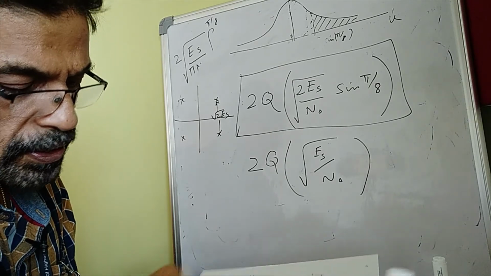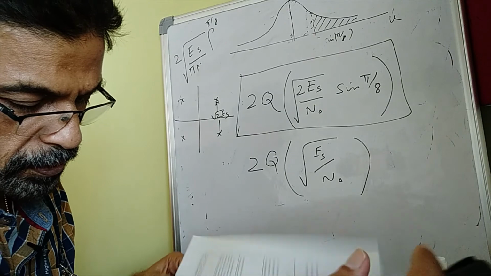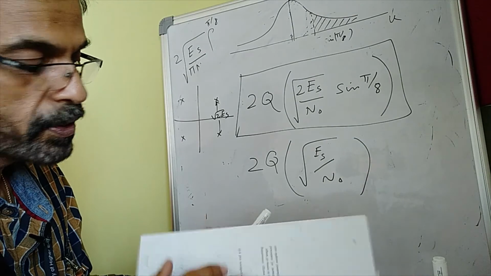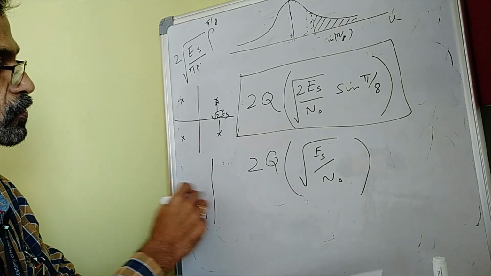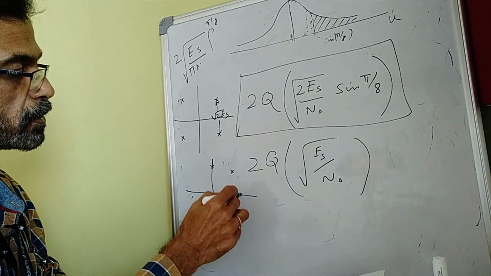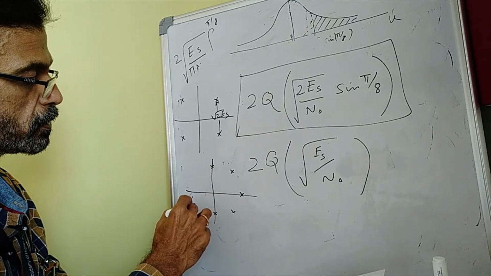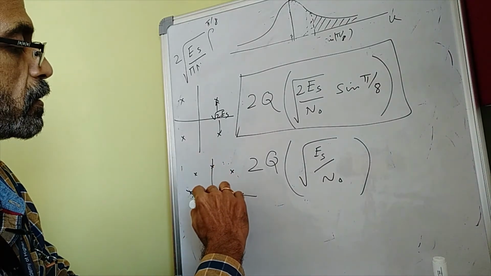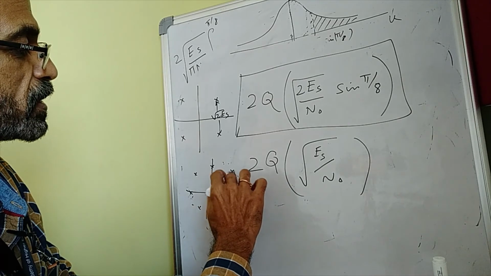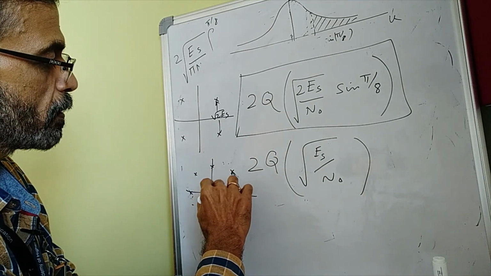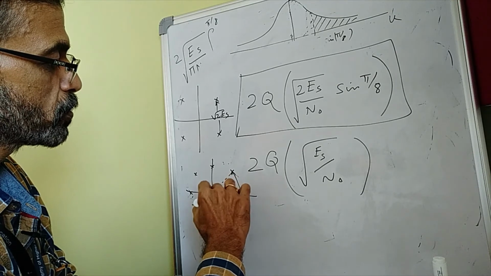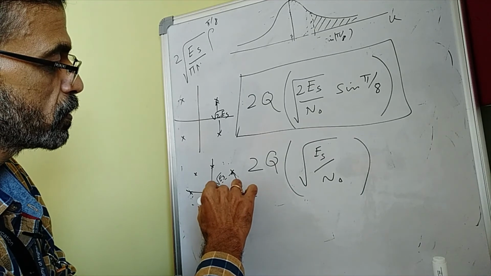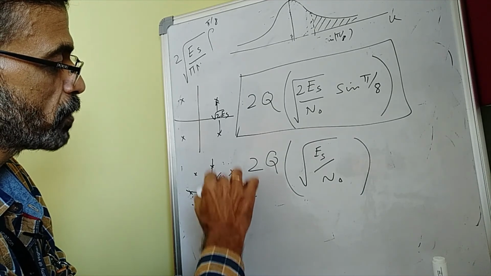Whereas the constellation of octal PSK is this. The octal PSK constellation is this, and to find the distance between adjacent symbols using simple trigonometry, we know this is root Es, this is also root Es, and we know this angle is pi by 4.